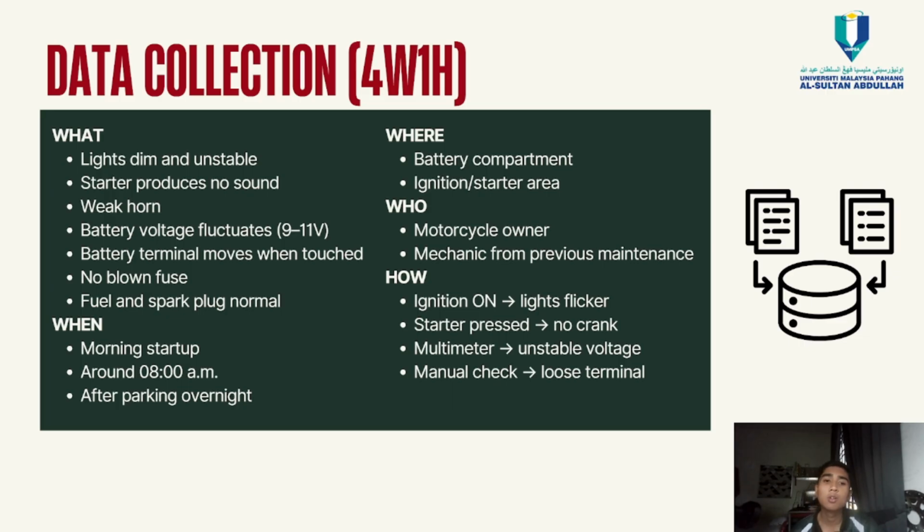The who is the motorcycle owner and the mechanic from previous maintenance. Then the H, which is how. First, ignition on, where the light flickers, and then starter pressed, where we got no crank. Third, the multimeter, where when we measured it, we got unstable voltage. And the last one, when we did the manual checking, we found the loose terminal.